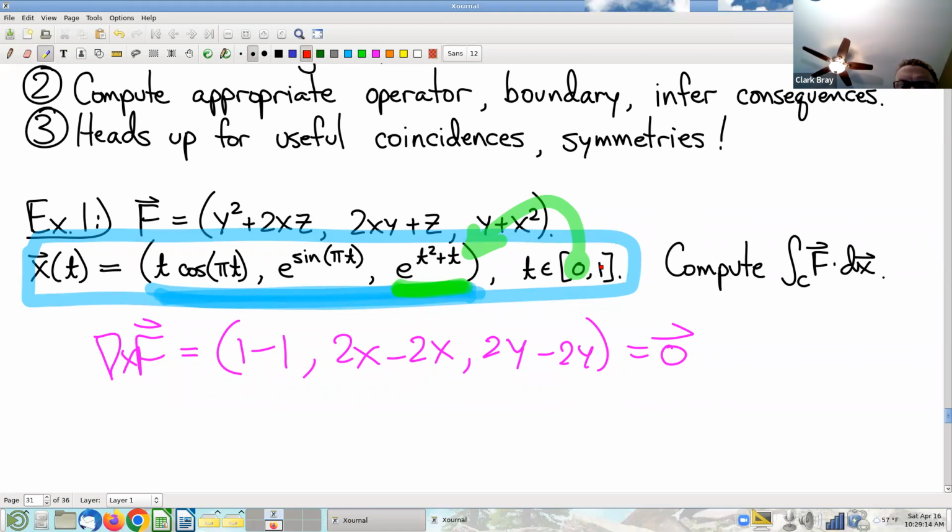And where this curve ends, that third coordinate is going to be e to the power of 2, which is not 1. So these points clearly have different z coordinates.